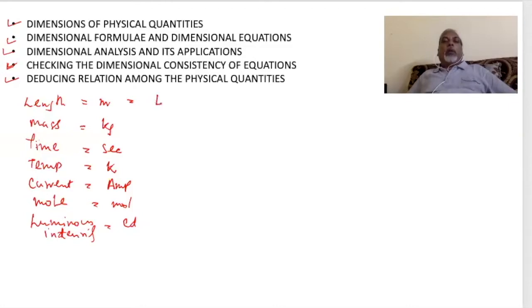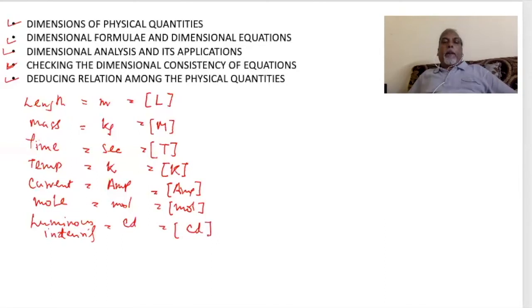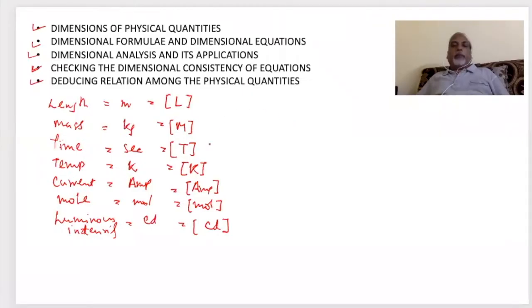This is represented as L, M, T, K, A, mole, and then candela.